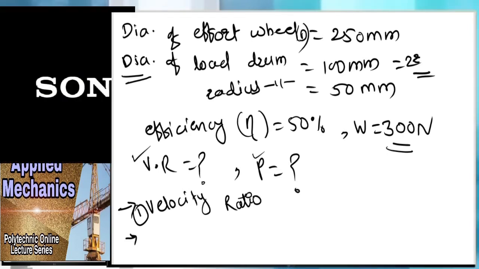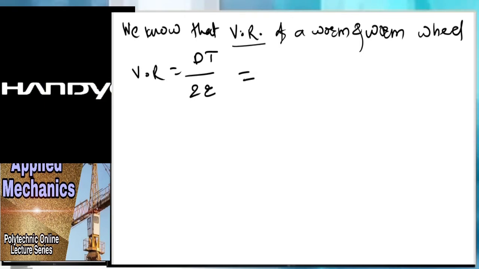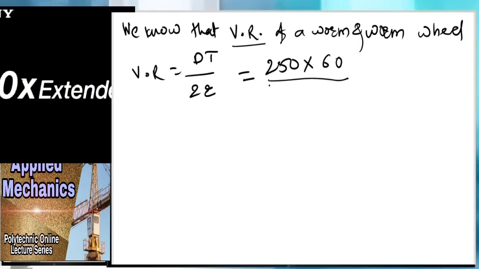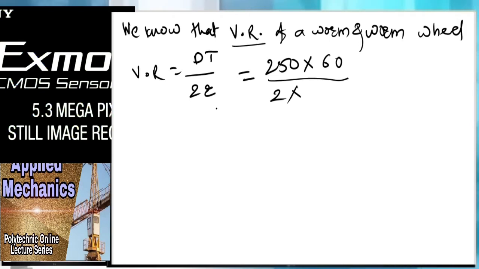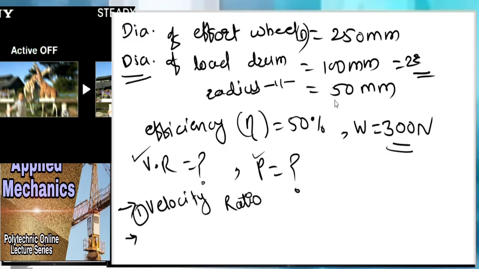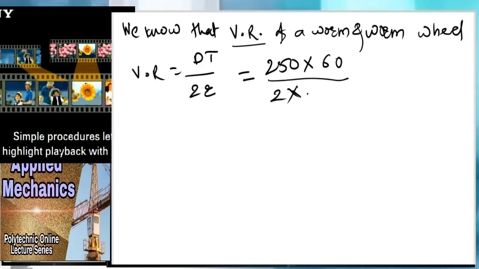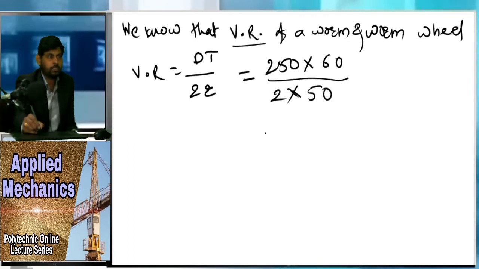So this is 250 into the number of teeth, 60 given to us, divided by 2 into radius. Radius is 50. So take that value here, radius is 50. Now do the calculation of this whole term and find the velocity ratio.